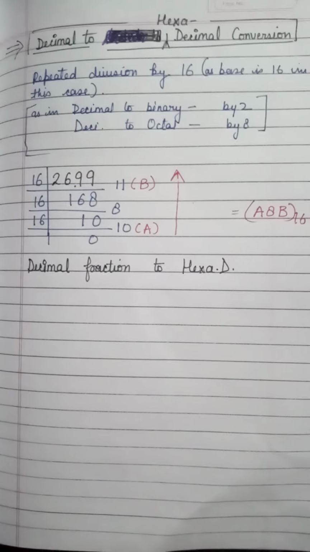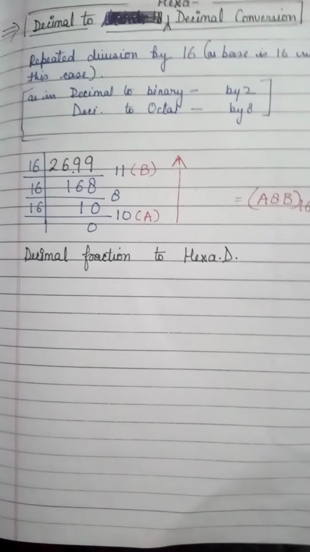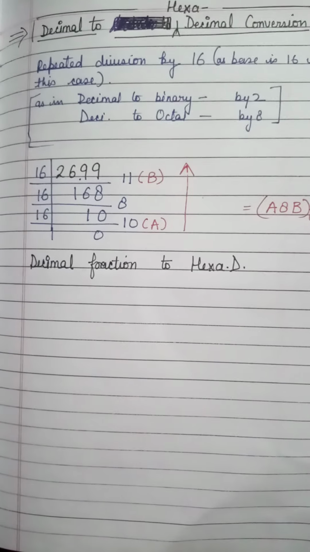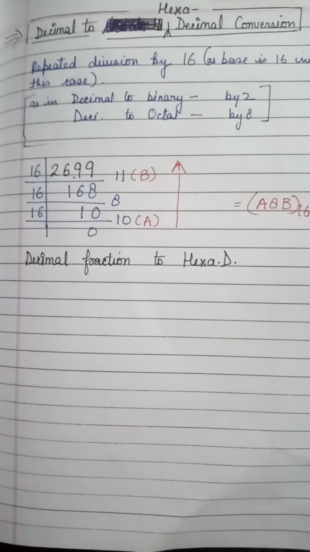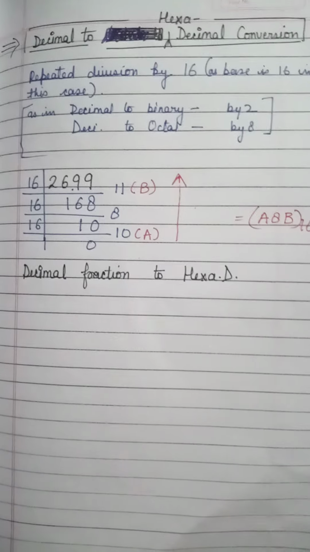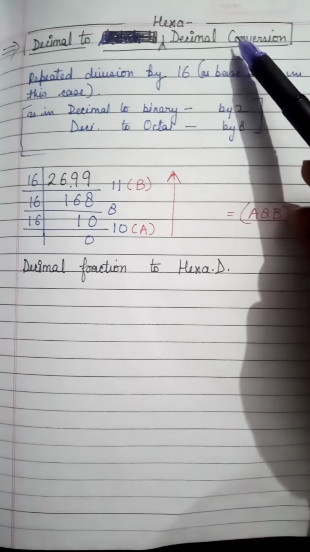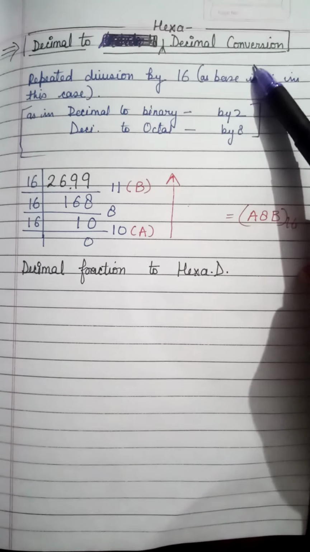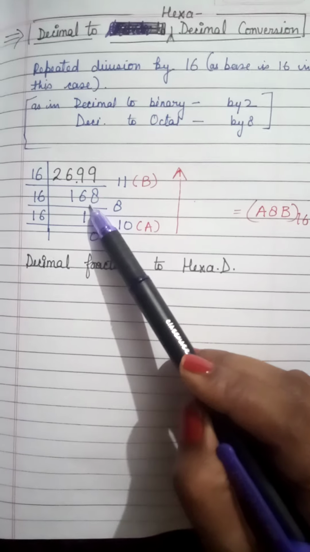Means if you have to convert from decimal to binary, you will be dividing the number repeatedly by 2, and from decimal to octal, you will be dividing repeatedly by 8. And similarly, in case of decimal to hexadecimal, you will be dividing repeatedly by 16.